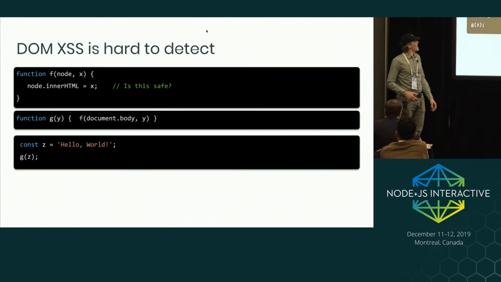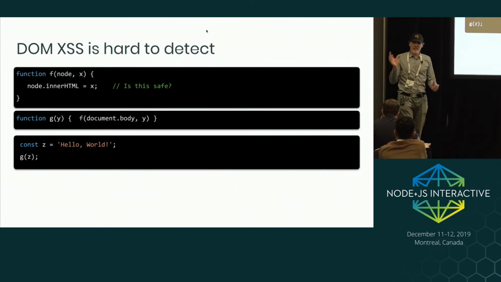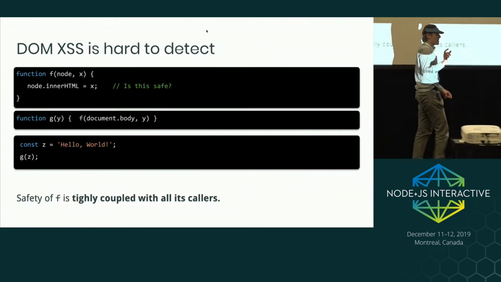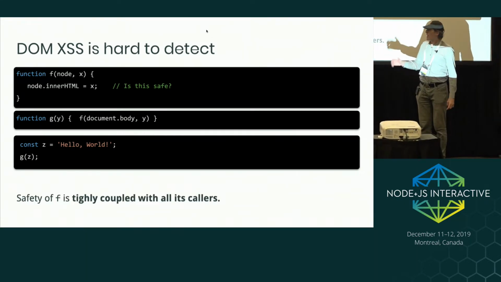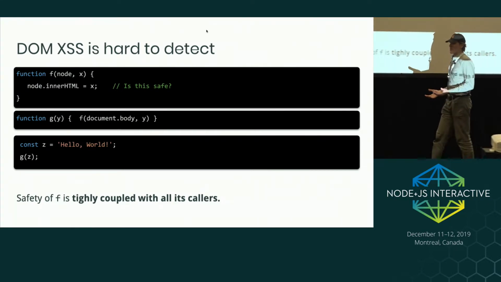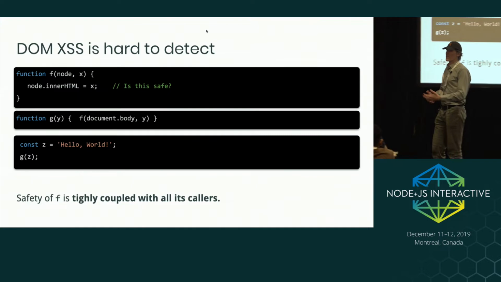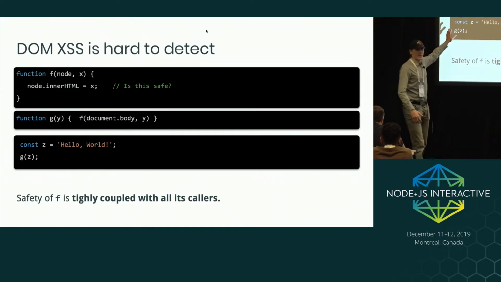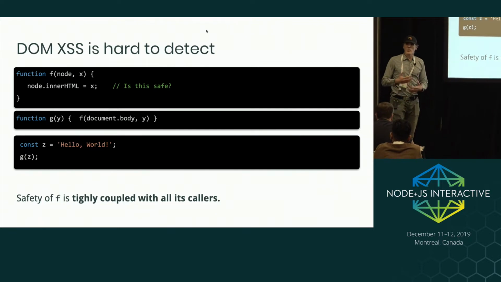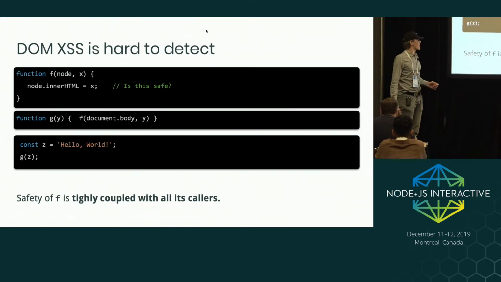Yeah, it's safe. And the "is" there is critical. It's safe in the present tense. If tomorrow somebody were to add another call to the function f or g, that situation might change. So we could exhaustively review our code, connect these dots and conclude that it's safe, but that judgment would only be valid for the current version of the code.